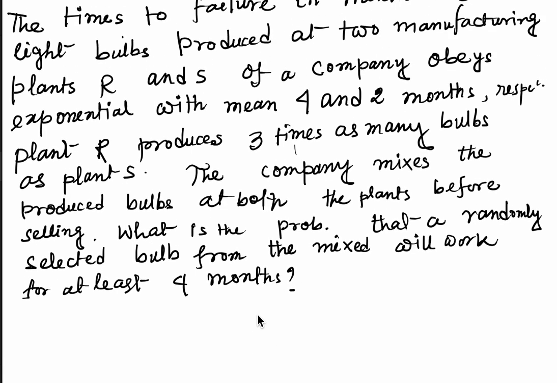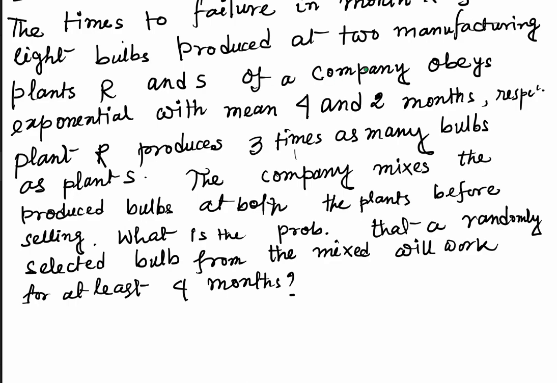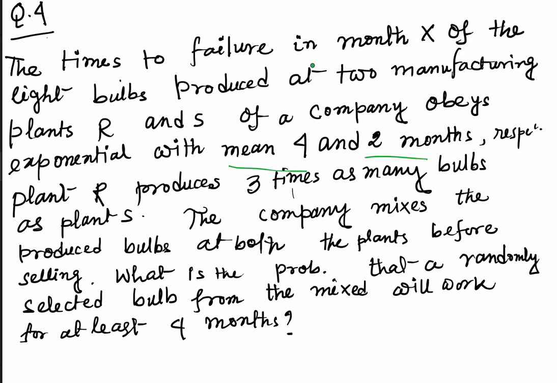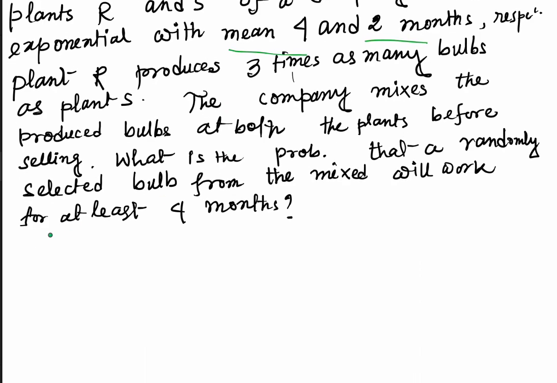So now let's calculate that. It has been said that two bulbs are produced with means 4 and 2 months. So the failure follows the exponential distribution. So the probability density of R, f of R at x equal to t, is 1 by 4 e to the power minus t by 4.